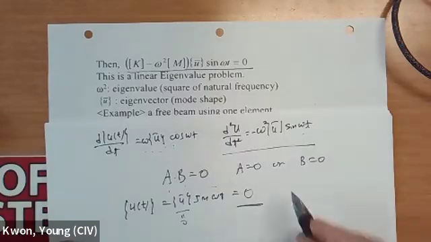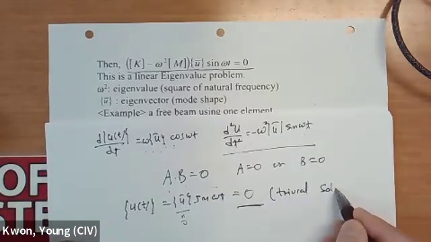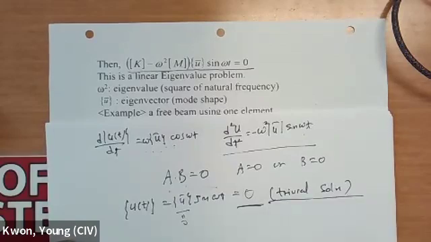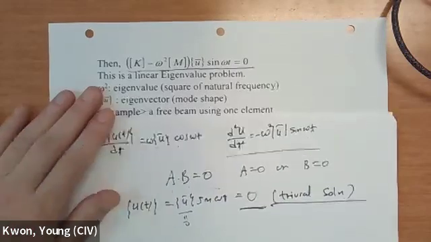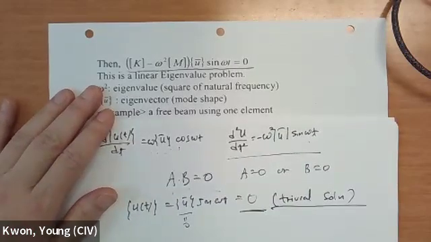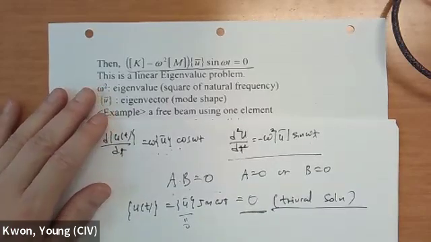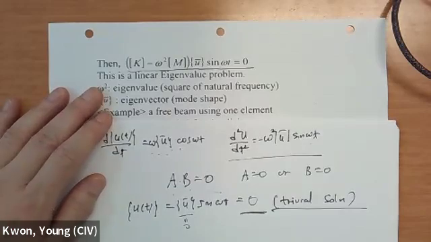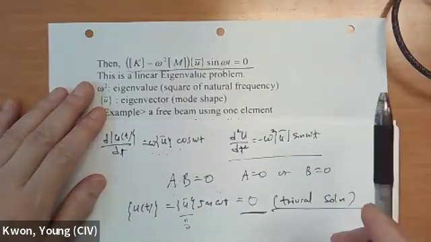That is the so-called trivial solution. It is a solution, but we have no interest because it doesn't provide any new information. So nothing happening. That's one of the unique natures of eigenvalue problems. So you have a trivial solution, which we are not interested in. Again, that's not what we are looking for.